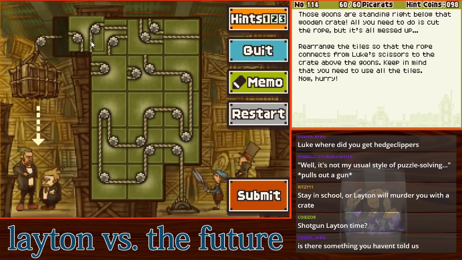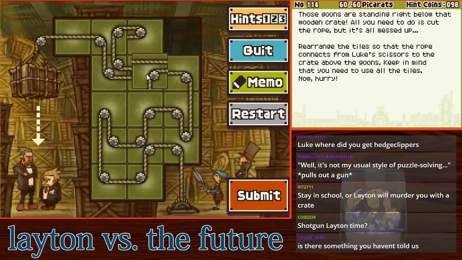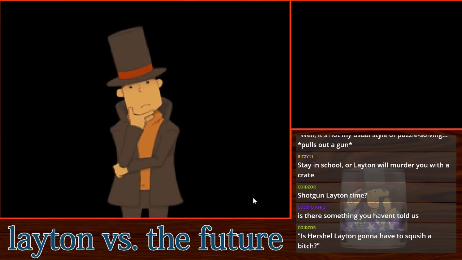Okay. It's starting to look reasonable. Mm-hmm. No, just swap the top right ones. There we go. Yeah. That should do the trick.